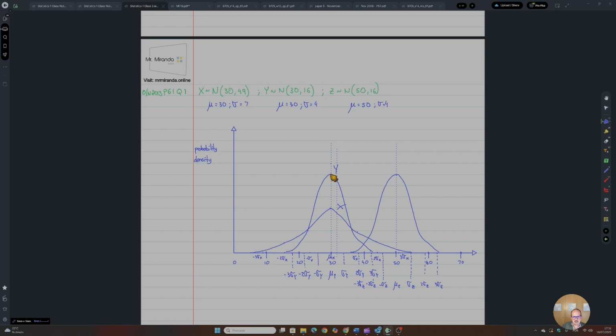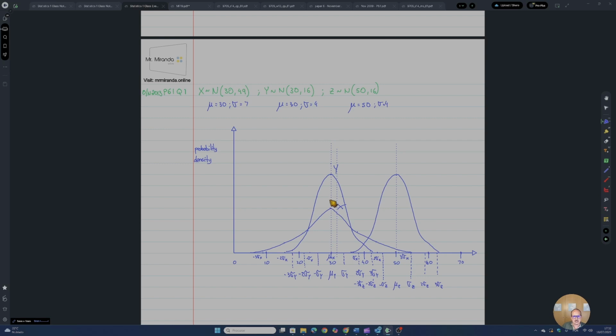They peak at the same value, right? And then the bell curve is going to be symmetric to the left and the right of this dotted line. The thing is that the height of curve Y is going to be bigger than the height of curve X.